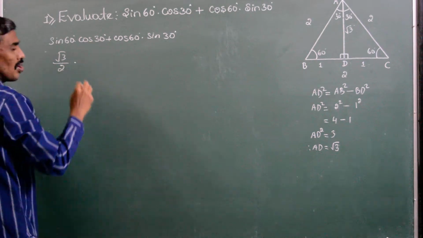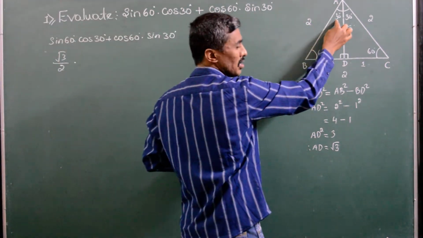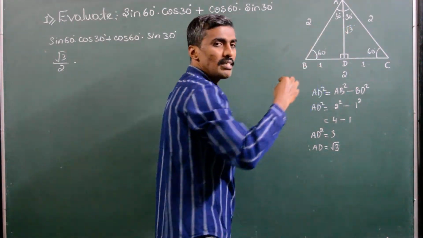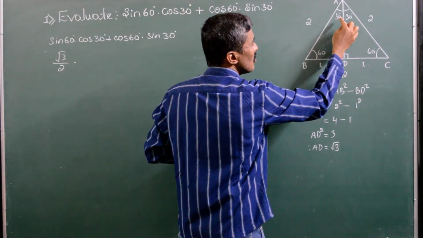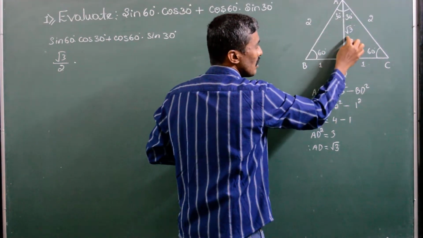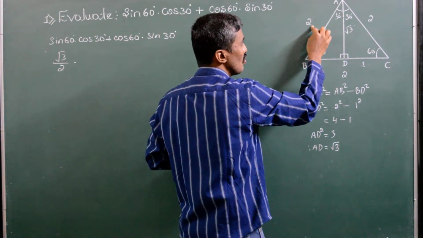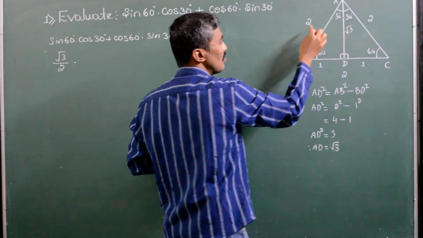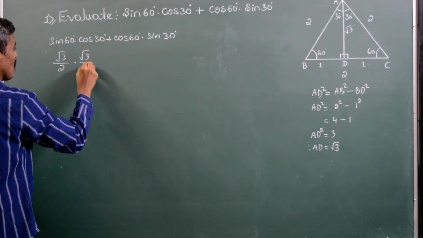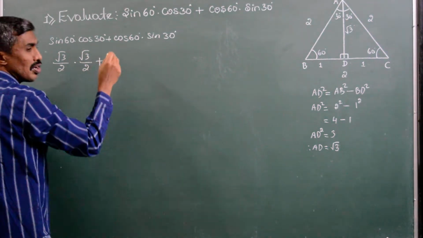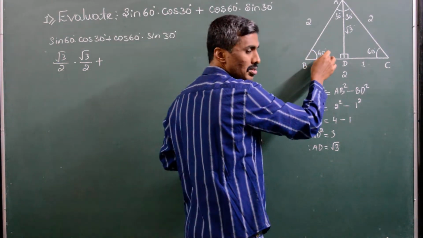Into cos 30. So 30 degrees here. So what is cos theta? Adjacent side by hypotenuse. Adjacent for 30 degree is AD, hypotenuse is 2. So once again root 3 by 2. Plus cos 60. What is cos theta?